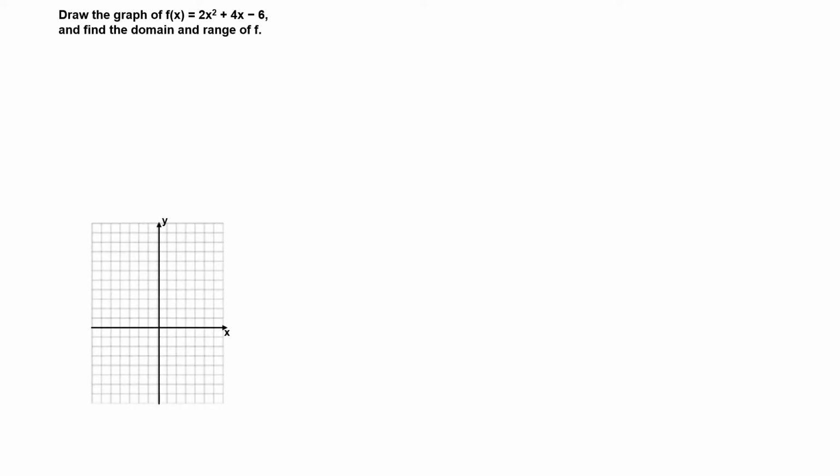Let's see how it works. Draw the graph of f of x equals 2x squared plus 4x minus 6 and find the domain and range of the function. Solve the equation to find the x-intercepts.